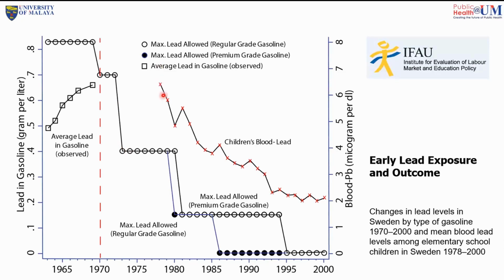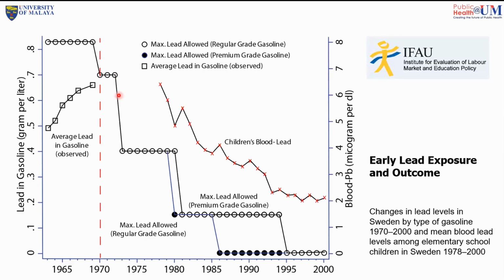So the blood lead level in children is correlated with the lead level present in the petroleum. It's a very distinctive relationship. There's a time lag of 5 years, and that's because these are children in elementary school.